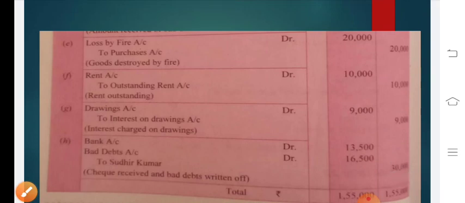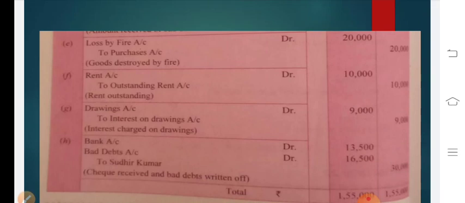Okay, so the next point we have is goods destroyed by fire. Now here what is happening is that sometimes there are goods in our storeroom, in our godown, but somehow it caught fire and the goods were destroyed because of that. So if goods have been destroyed due to fire, definitely it's a loss because we cannot receive anything for that.